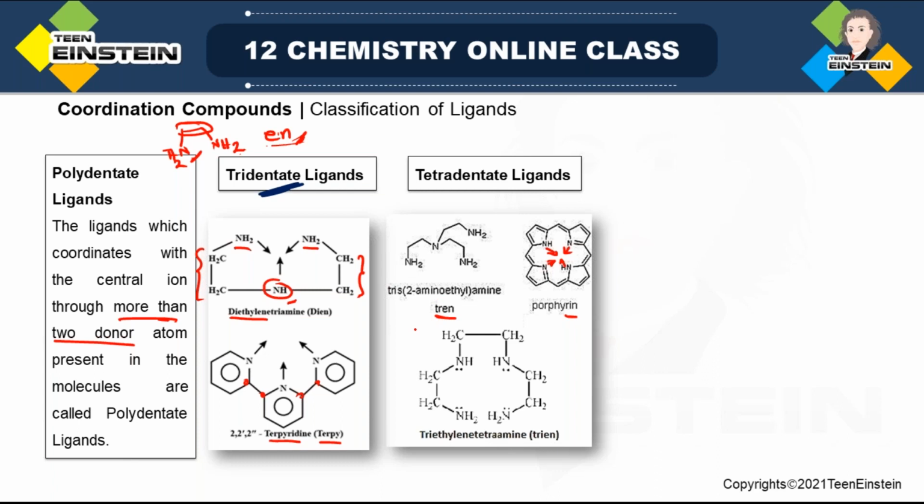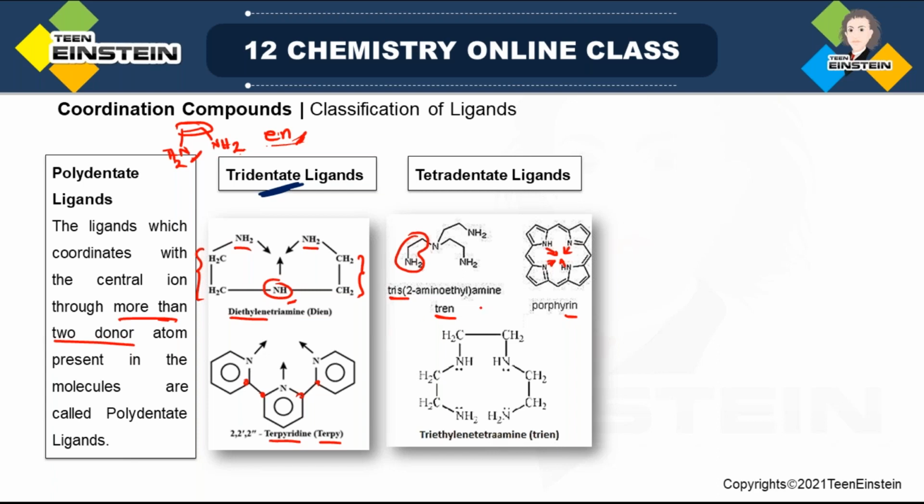Another example is TREN. This is the short form, tren. And what is the full form? The full form is tris. Tris, when we use it, is just an analog of tri: if any moiety comes 3 times, it will be tris. Tris(2-aminoethyl)amine. Aminoethyl is this group: ethyl is a 2 carbon chain, and an amine group is there.